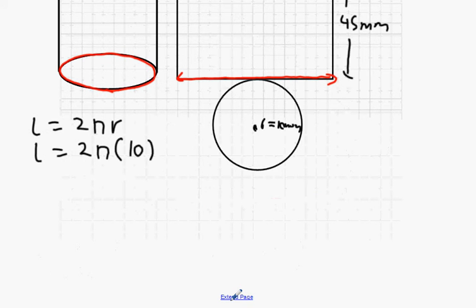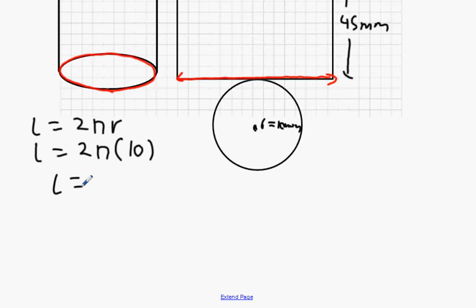Just give it to me to the nearest millimeter. Yeah, 62.8 or 63. Okay, 62.8 millimeters from here to here. Everybody happy enough with that?